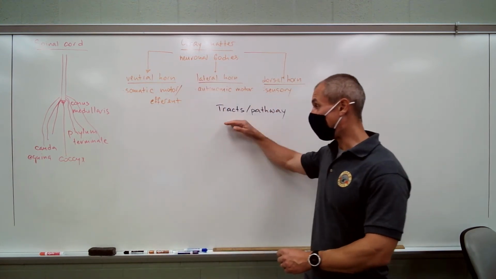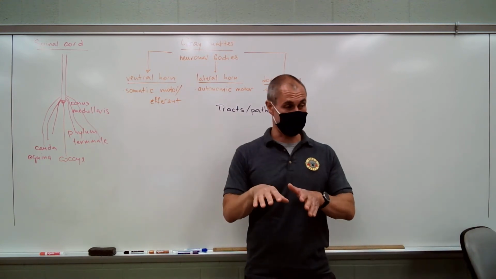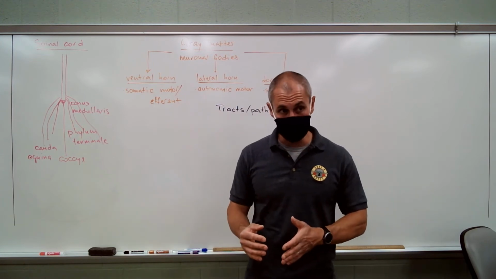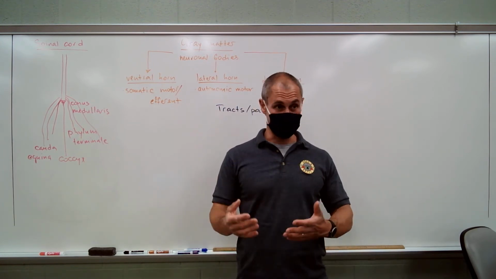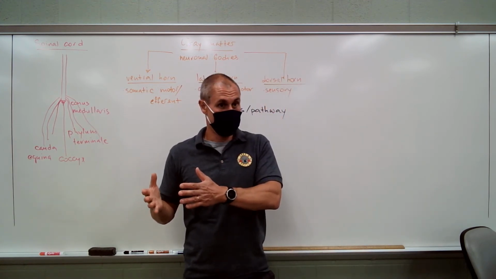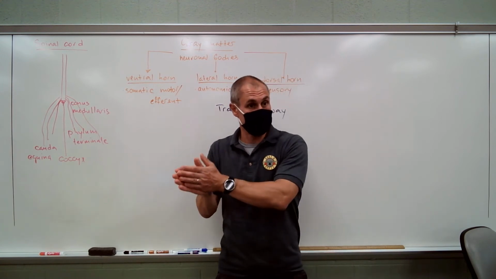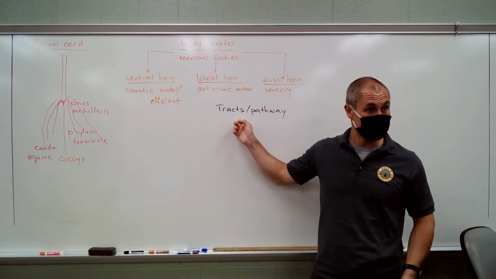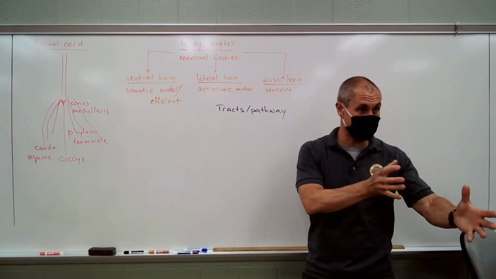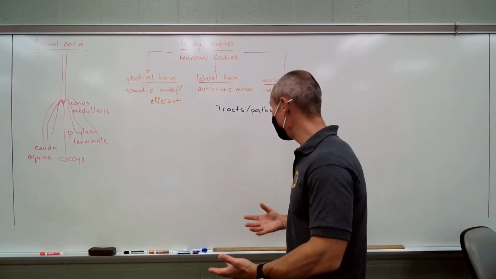So the tract in the central nervous system is as close as it comes to a nerve by the function. Are you following me? Because a nerve is a road. This is basically a road. It's just not separated structurally from others. There are no real physical boundaries.